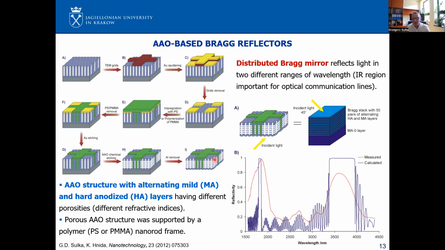When the difference in porosity was obtained, we used light to irradiate these samples, and we observed reflection of the alternating layers of the reflector, the Bragg mirror, in ranges of wavelengths. The red curve is a measured one, the blue one is calculated theoretically. So you can see that it's quite a good coincidence of both curves.